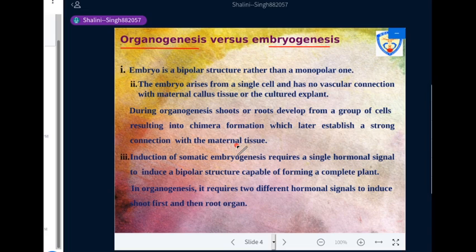That is the difference here. Second, induction of somatic embryogenesis requires a single hormonal signal to induce a bipolar structure which is capable of forming a complete plant. Whereas in organogenesis, as you know, it requires two different hormonal signals to induce shoot first and then root organ.